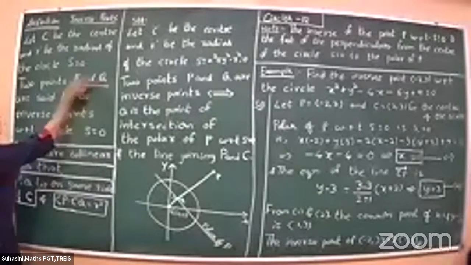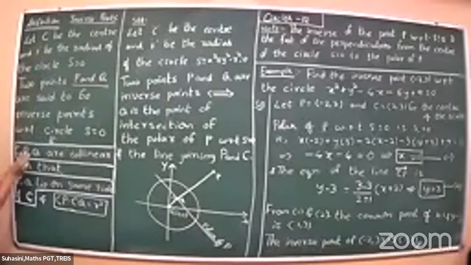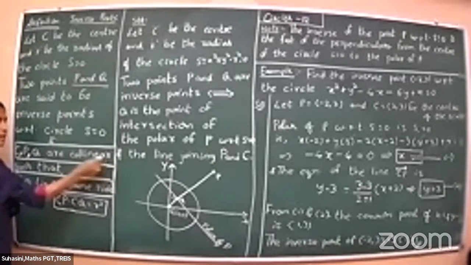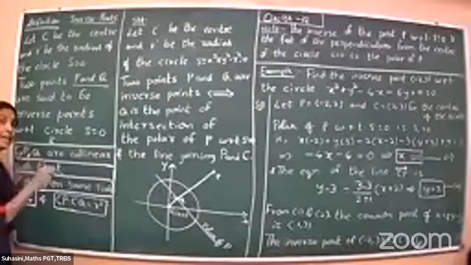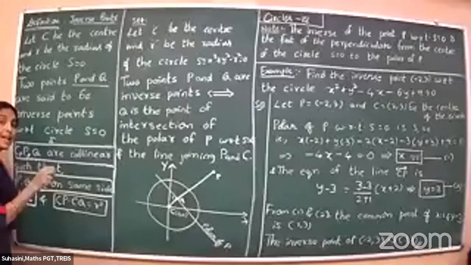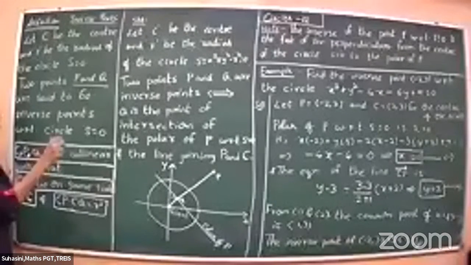The given points P and Q and the center of the circle C are collinear. It means all three points must lie on the same line. There should be a particular order. Where should C be, where should P and Q be?